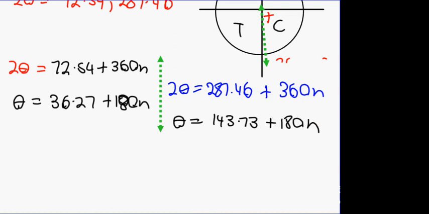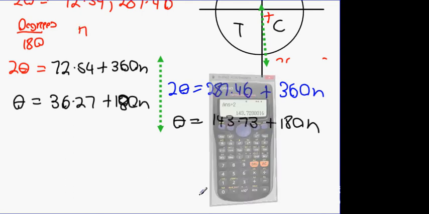Convert to radians. To convert degrees to radians, you get your degrees, you divide it by 180, and you add on a pi behind it. Do you understand? So your degrees is 36.27.